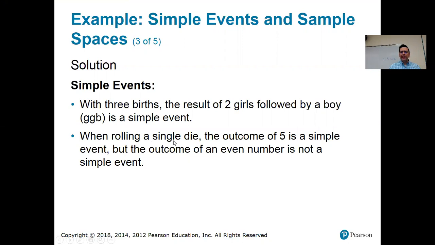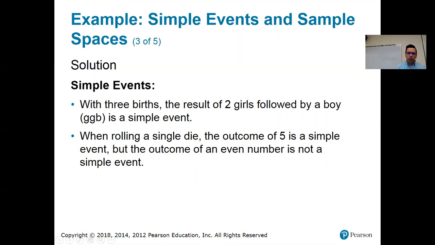When you roll a single die, some people don't know that the word die is singular for dice. The outcome of rolling a 5 on one die is a simple event. But the outcome of rolling an even number is not a simple event, because that can be broken down into 2, 4, 6.